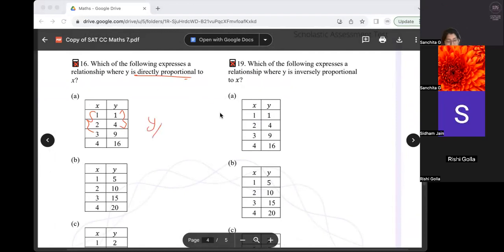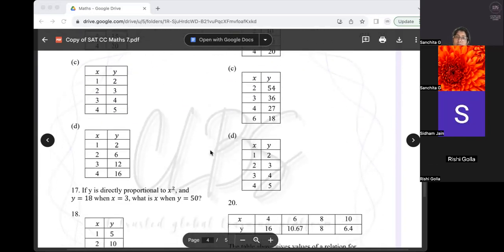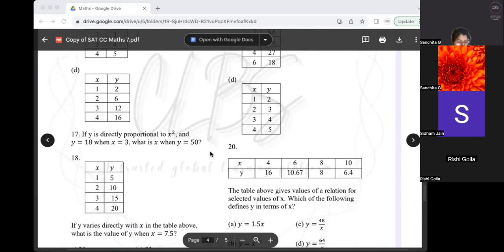That's the technique. So if you check for all, you will get B for sure. 5 by 1 is equal to 10 by 2. Tabular questions are very common on the SAT. Now, see, this is a question where y is proportional to x square. A similar question we've taken earlier.